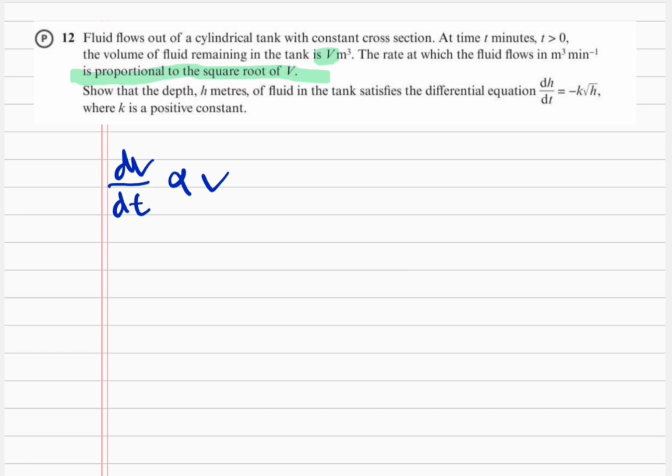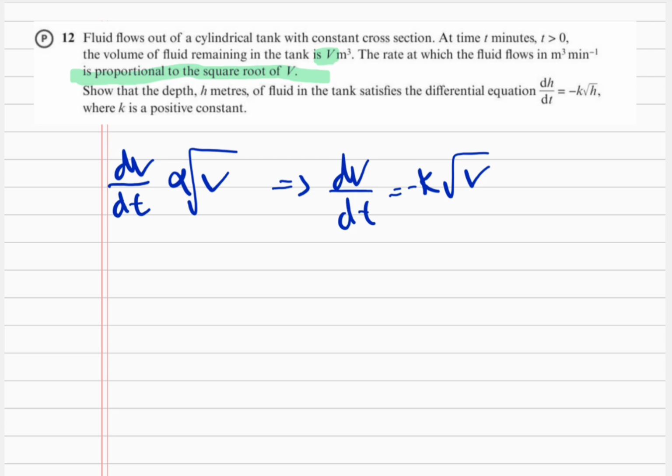Now, at this point, we can get rid of the proportionality symbol and just write this as a differential equation. So dV by dt is equal to, sorry, I forgot to write the square root of V here. So dV by dt is equal to the square root of V, but we have minus k here as well.